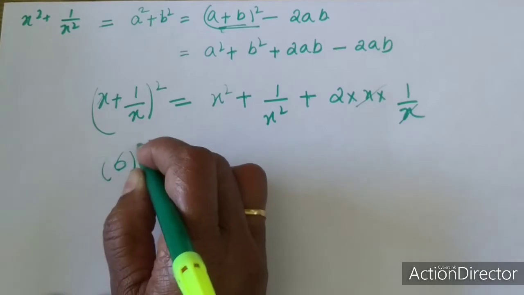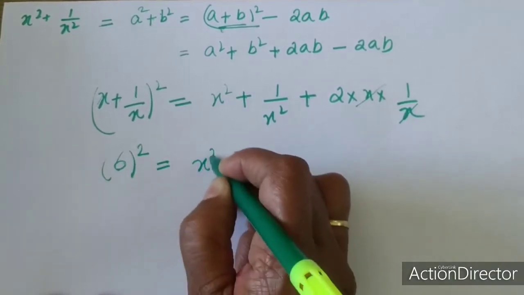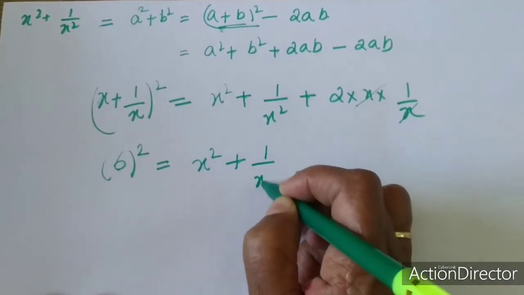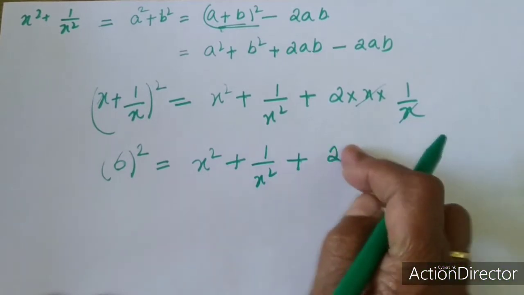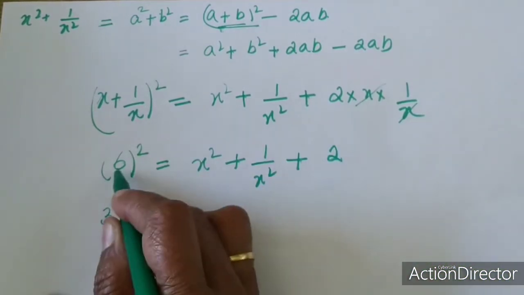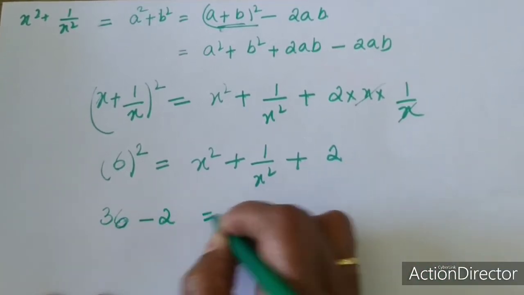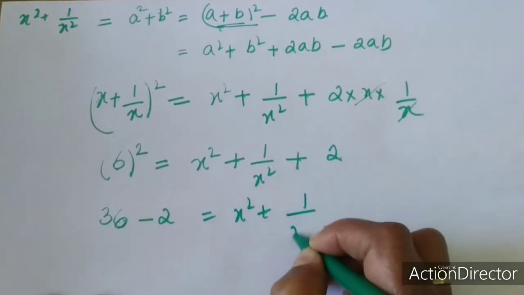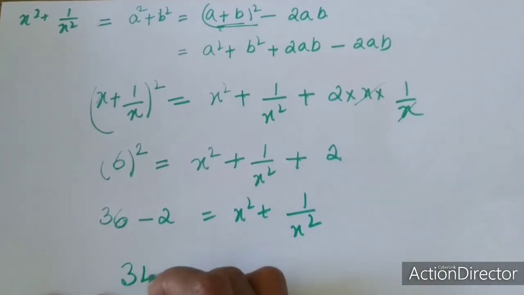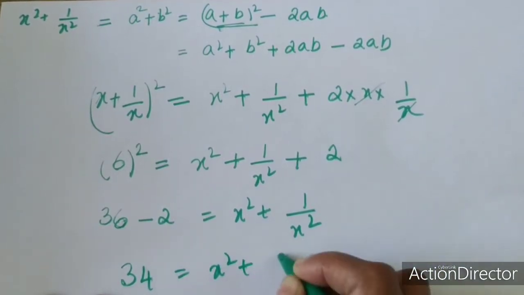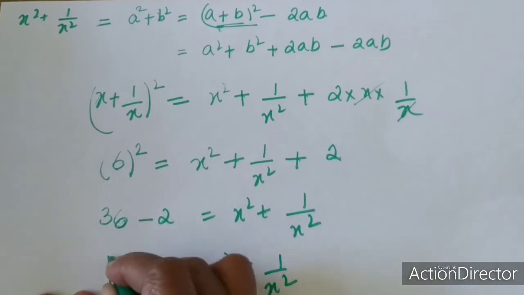So this is 6 whole square, which is equal to x square plus 1 upon x square plus 2. Transposing this 2 to the other side, 6 square is 36, so 36 minus 2 is 34, which is equal to x square plus 1 upon x square.